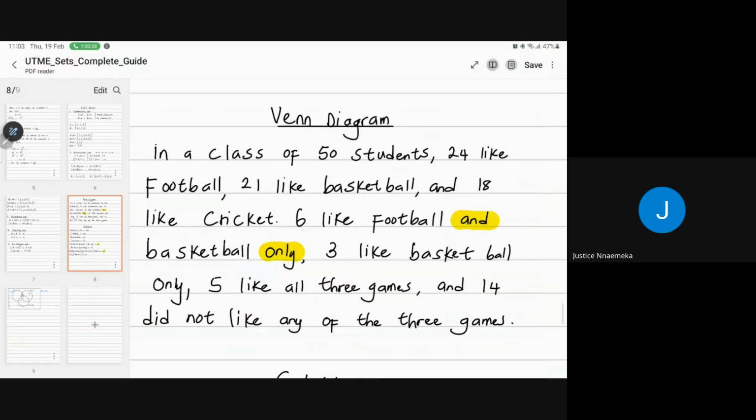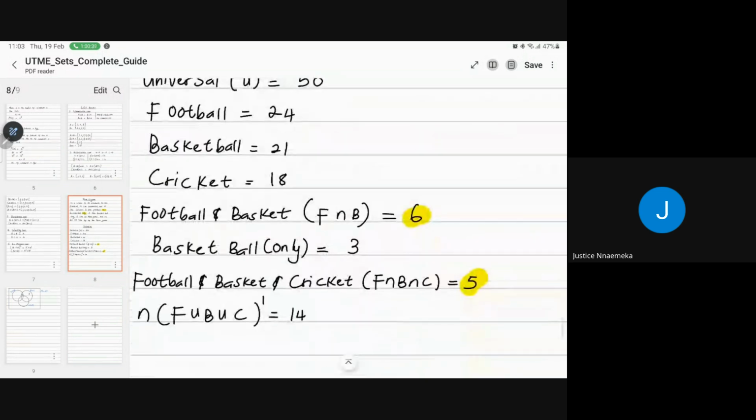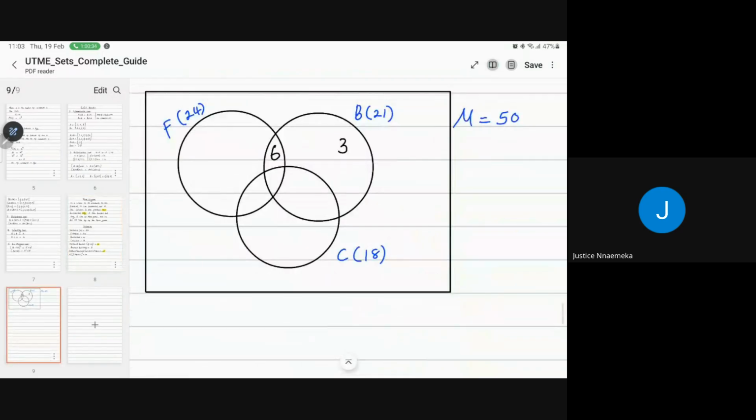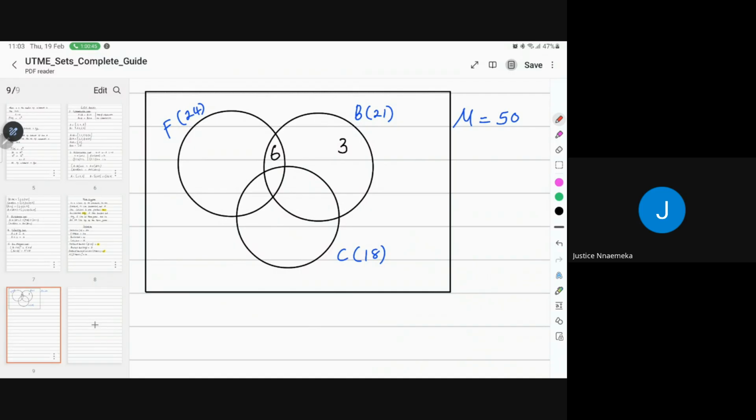Now, the next key point we have here is that 5 of them like all 3 of them. So at the center for football, basketball, and cricket, the number of them that like the 3 of them is going to be what? 5 of them. Now, if you observe, you can see that we don't have any number here.